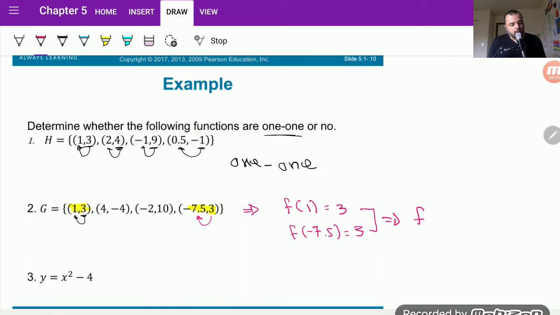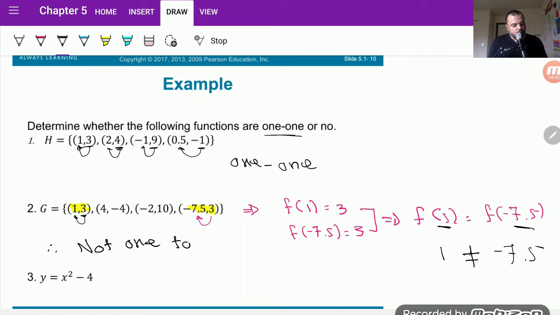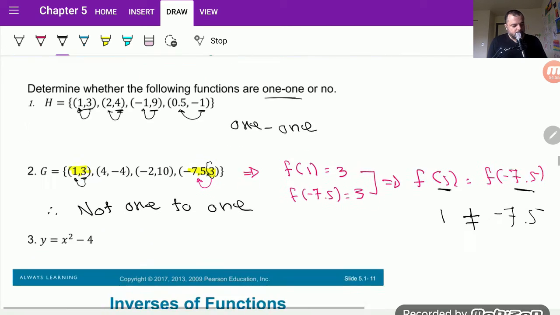So f of 1 is equal to f of -7.5. The images are equal. However, the inputs are not equal, since 1 is not equal to -7.5. So this is not one-to-one. Or you can just say that the 3 in the outputs corresponds to 2 elements in the domain. So it's not a one-to-one function.